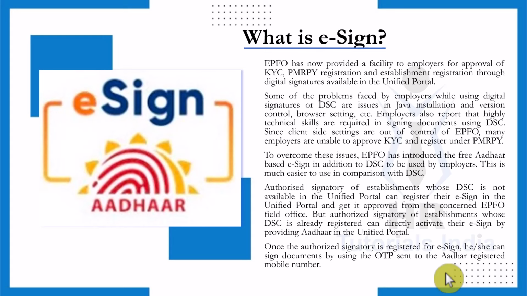Some of the most important problems include Java installation and version control, browser settings, and technical skills required to sign documents using DSC. Since the EPFO cannot control the settings on the employer's side, many employers find themselves unable to approve KYC or register under PMRPY. So, to overcome these technical issues, EPFO has introduced a simpler and free alternative, Aadhaar-based eSign. The feature is much easier compared to DSC. Now, let us see how this eSign works.